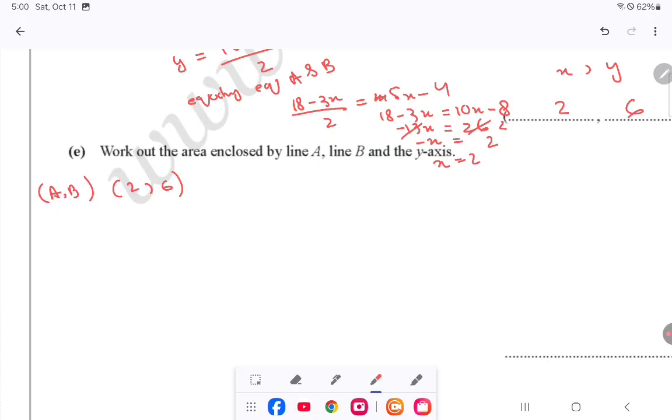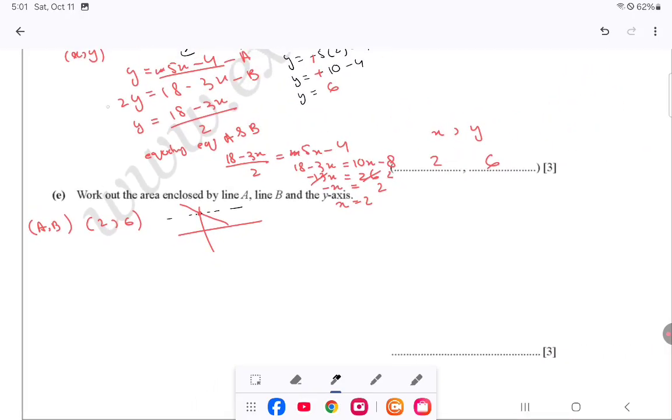With the intersection of the y-axis, we have to put x equal to 0, because where a line crosses the y-axis, the x part will be 0. Put x equal to 0 in both line equations.